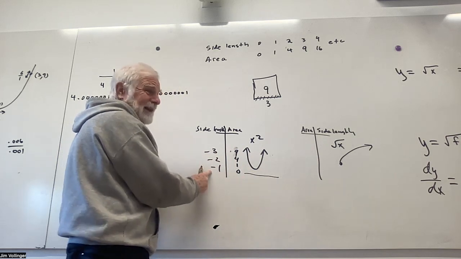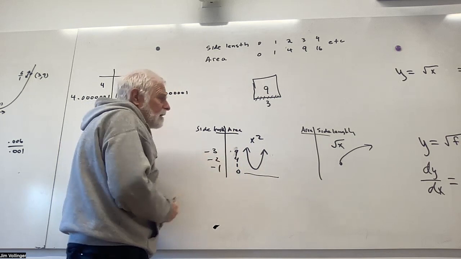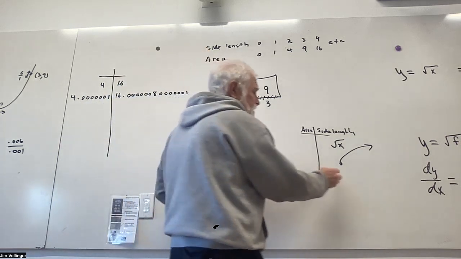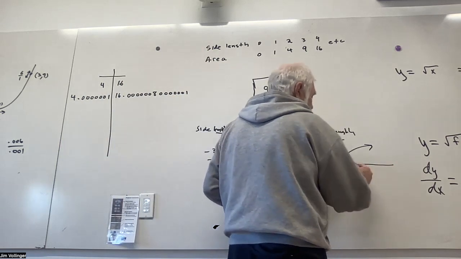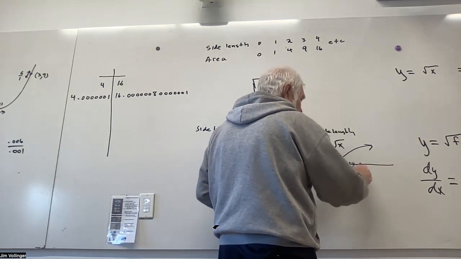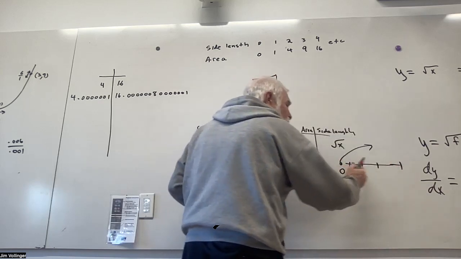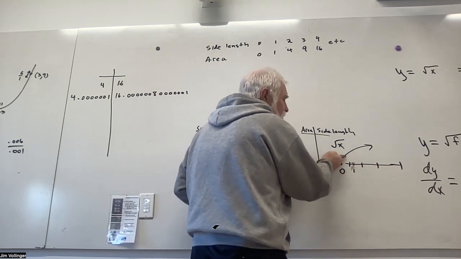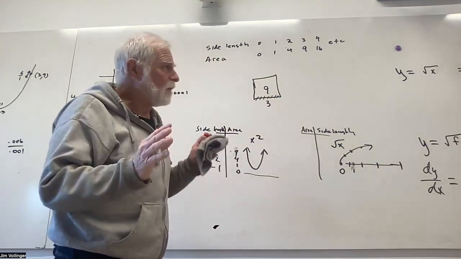These x values are getting bigger, but in magnitude they're getting smaller. Let's just think about this starting at 0 and the areas of 1, 4, 9, 16, and so on. It takes more area to get a jump of 1 unit. All right, rambling a little bit.